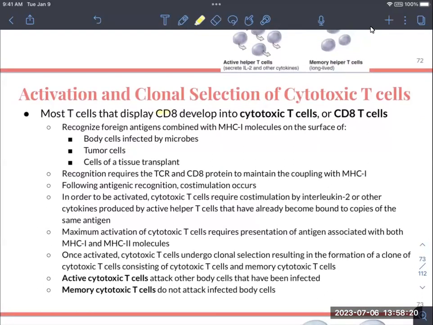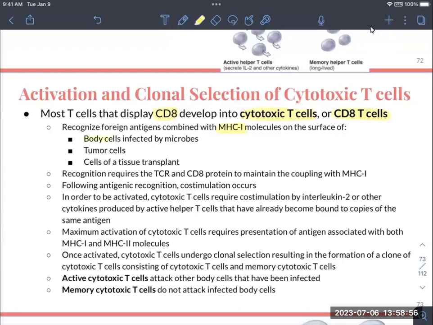We have these T cells that display that CD8 protein. Those are the cytotoxic T cells, or CD8 T cells. These are the ones that bind with major histocompatibility complex 1. So they have some sort of foreign antigen inside of their cell. The MHC, major histocompatibility complex 1, shows these antigens from what they found inside themselves.